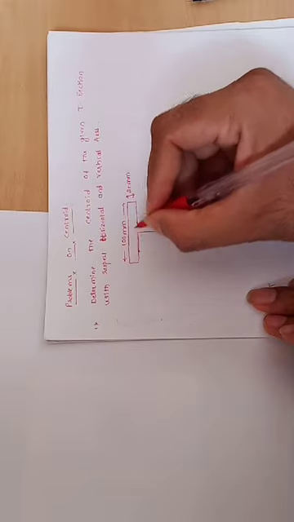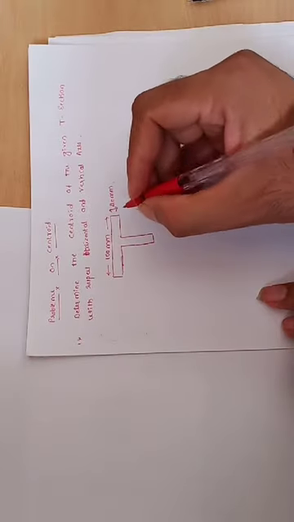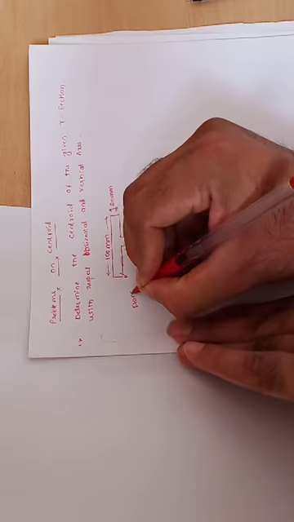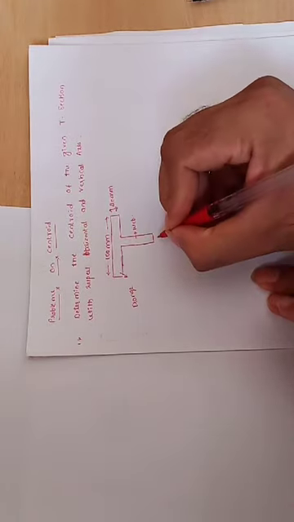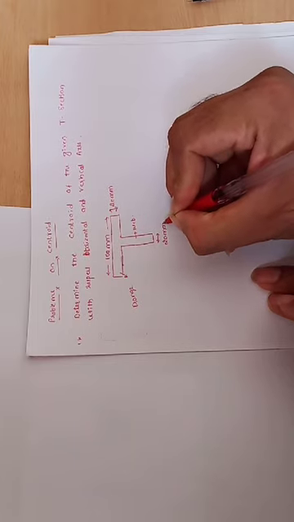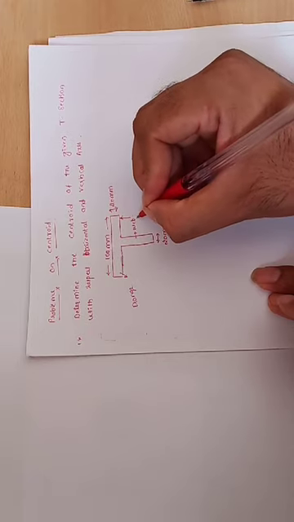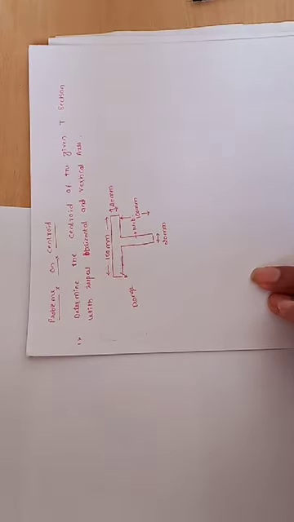The topmost part is what we are calling the flange, and this one we are calling the web portion, right? The width of this web will be 20 millimeter, and the depth of this one, let us take 100 millimeter, right?